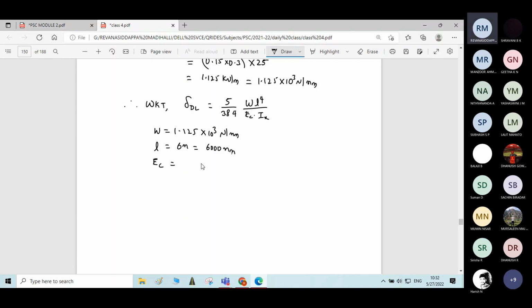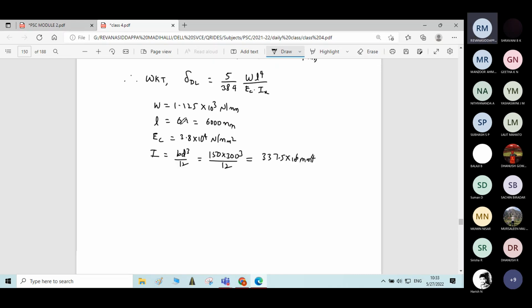EC is given as 3.8 into 10 power 4 Newton per mm square, and moment of inertia you can calculate as b d cube by 12, which is 150 into 300 cube by 12. The sectional dimension is the same as the previous problem, so the answer is the same, 337.5 into 10 power 6 mm 4.